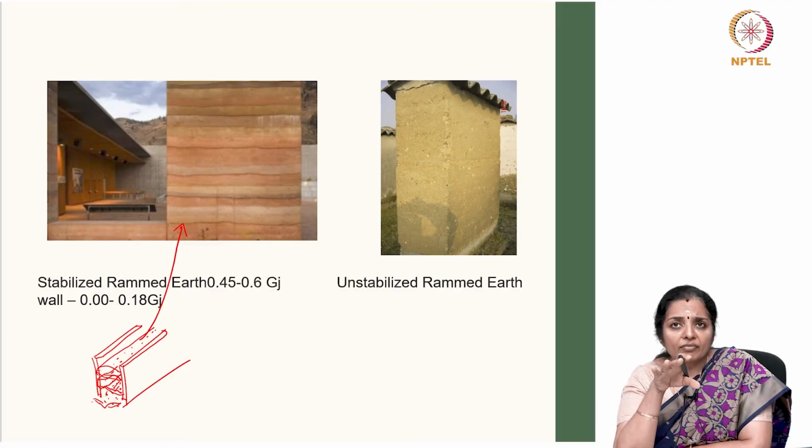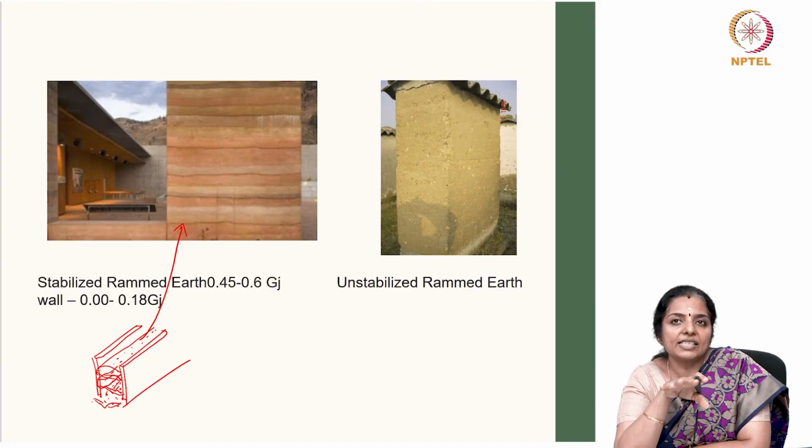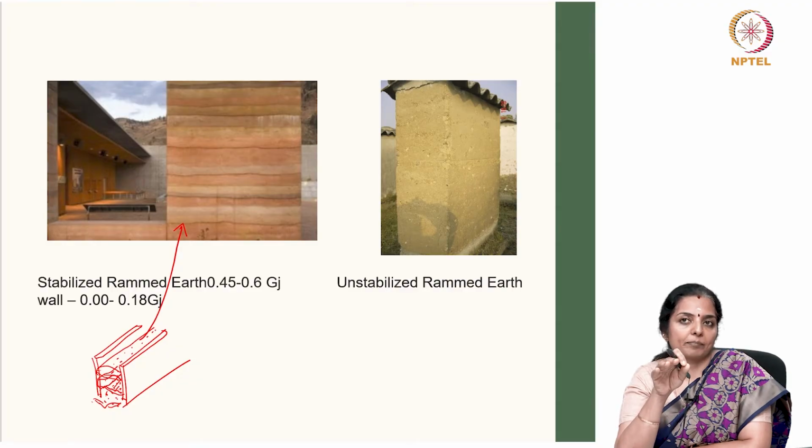There are two types of rammed earth construction: stabilized rammed earth and unstabilized rammed earth. Unstabilized rammed earth is made from mainly soil, sand and gravel, whereas stabilized rammed earth contains additives like cement or lime along with soil, sand and gravel. Unstabilized rammed earth walls are nearly zero carbon options.